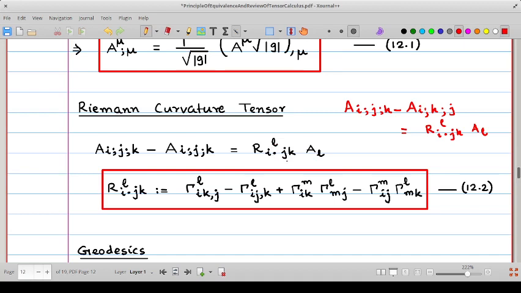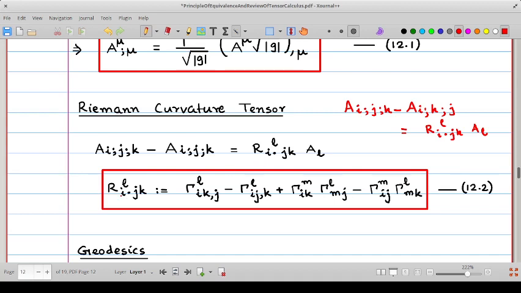So our definition of R^l_ijk, the Riemann curvature tensor, differs in these two books. Here we are following Krori's definition, where this curvature tensor defined this way has an overall minus sign compared to the one that we have done in our tensor theory course.